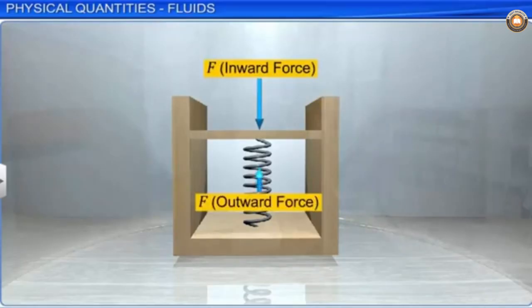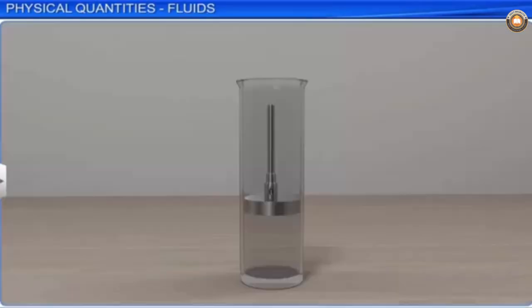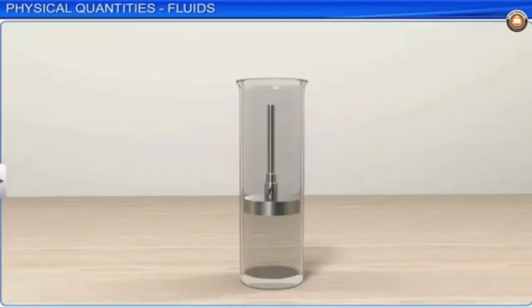Let us now learn how to determine pressure. If F is the magnitude of the normal force acting on the piston of area A, then the average pressure, P_av, is defined as the normal force acting per unit area.